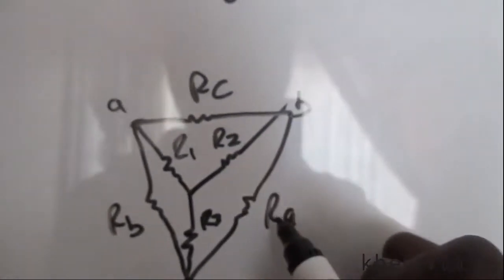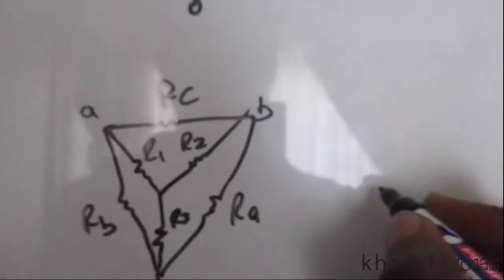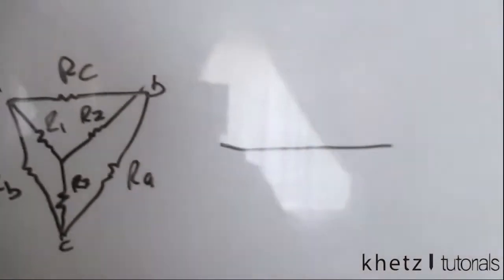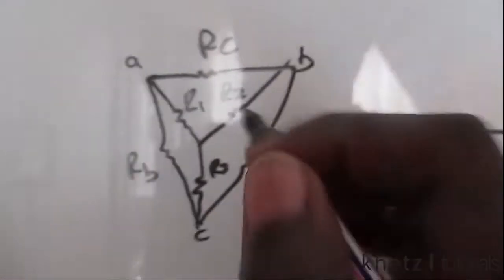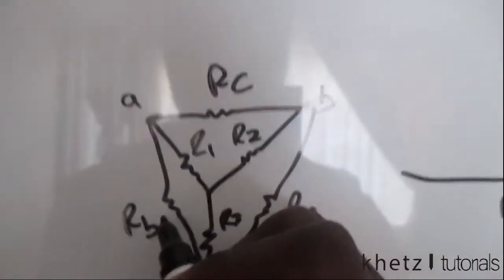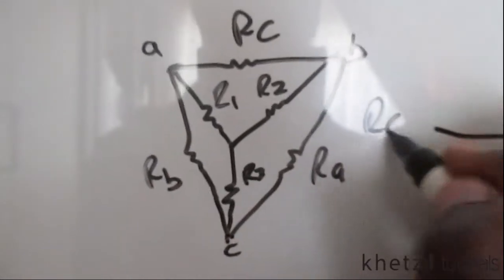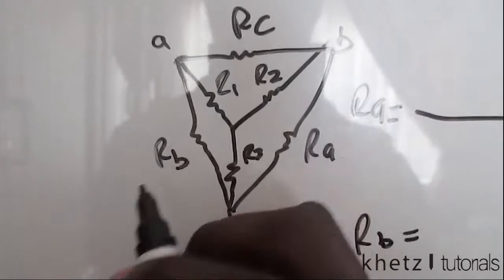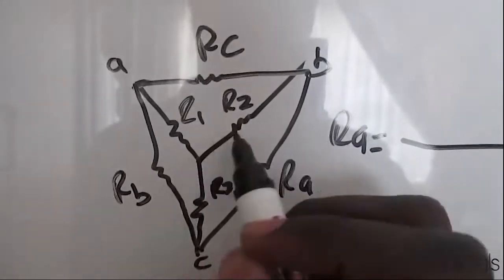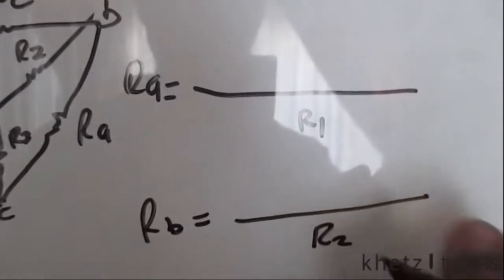So the element here is facing R1, so you draw a line and you put R1 at the bottom. Now this resistor here is facing R2, so RB is facing R2. So you draw a line, divide by R2.